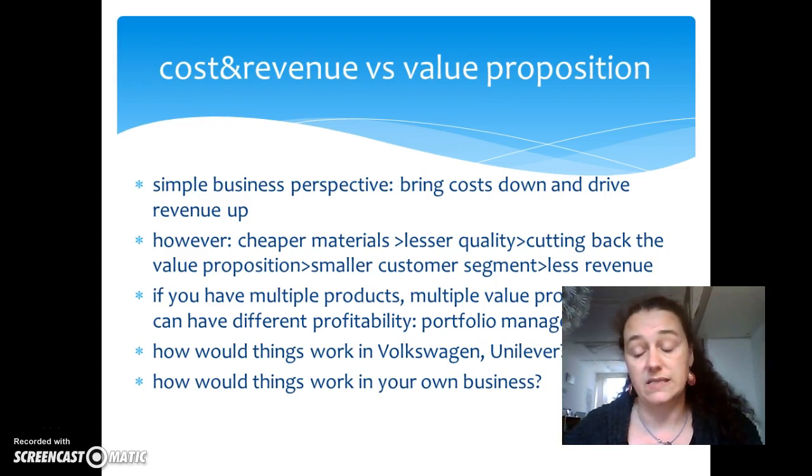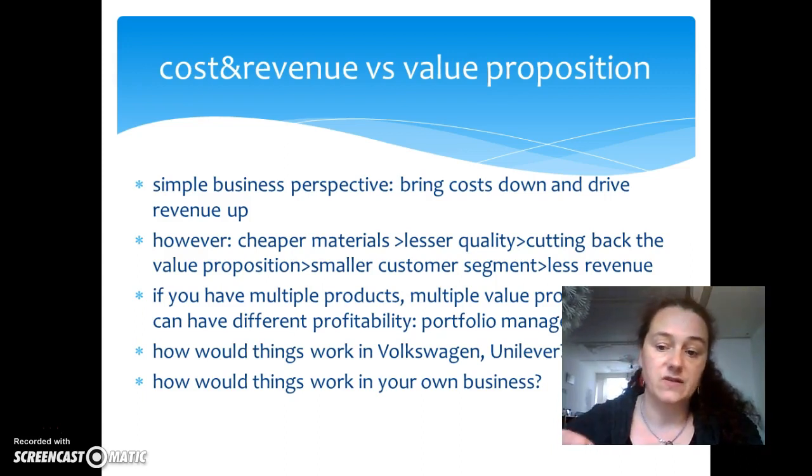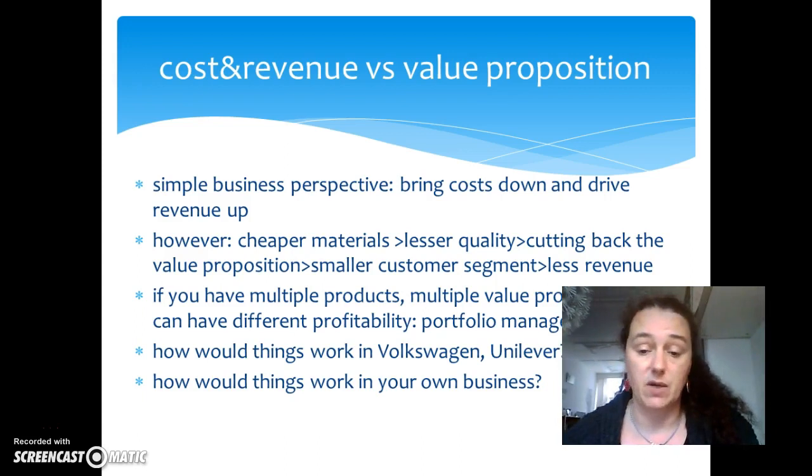So as we said before, you can have multiple products where you have multiple value propositions with a different profitability, and in those terms you have to work on your portfolio management. Also, with different value propositions, some can have a higher revenue stream and some a lower revenue stream, and within your portfolio management you then choose to hang on to certain ones and not others. So you can really speculate on how this works with Volkswagen or Unilever.